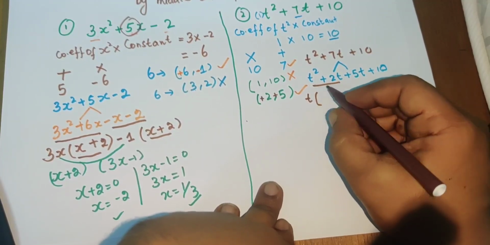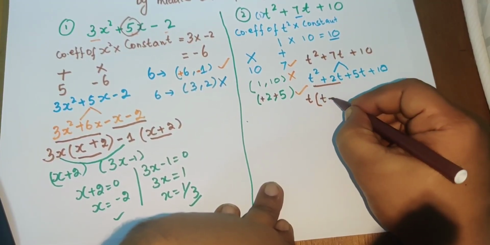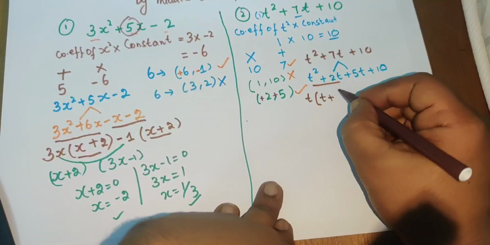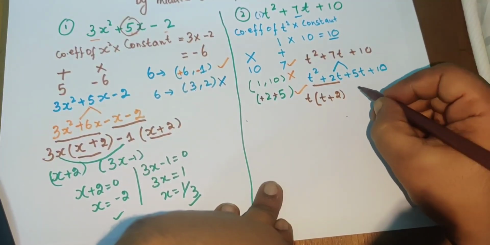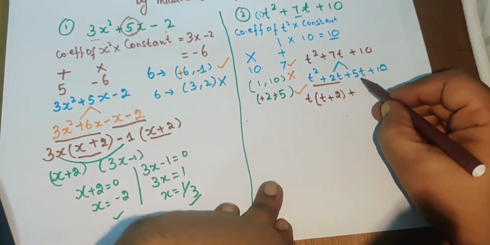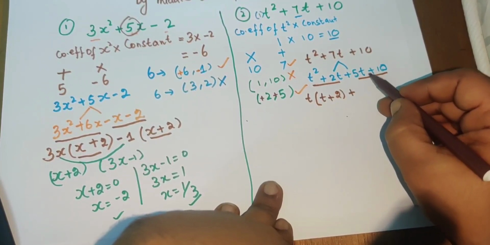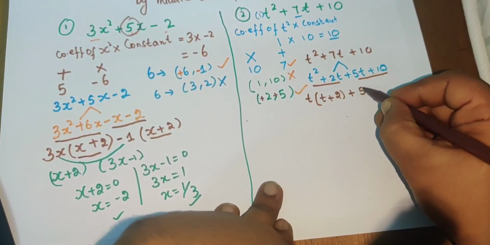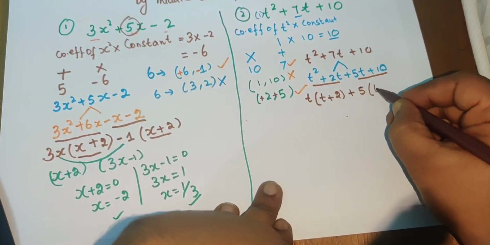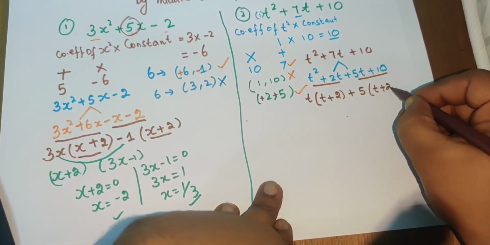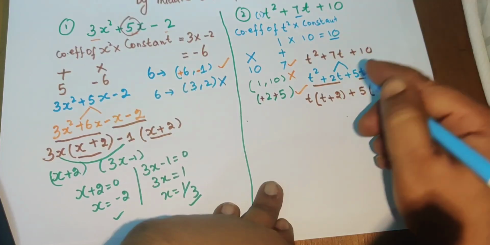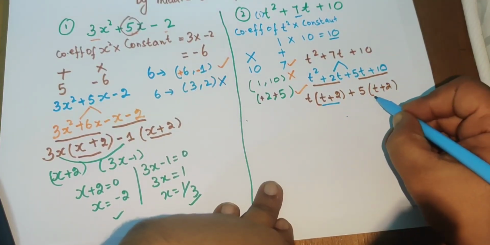When we take t out, one t is left, plus 2. And in the next two terms, 5 is common, so we take 5 out. What is left? t plus 2.